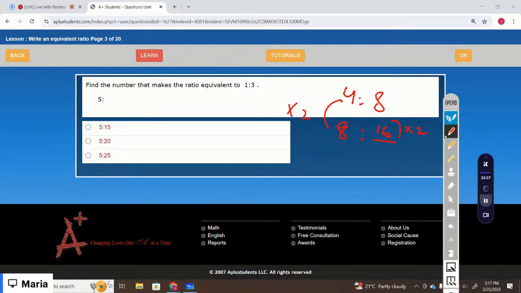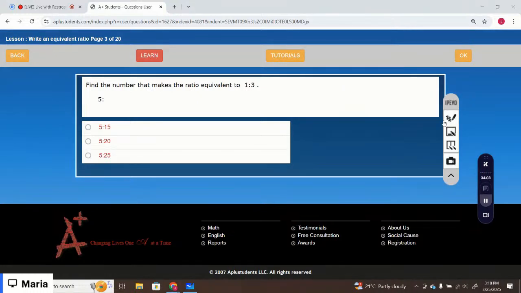That is 1:3 and 5 the missing one, right? So 1 times 5 is 5. So that means 3 times 5 it is. So 3 times 5 is 15. That is 5:15. Option number 1 is the correct option.